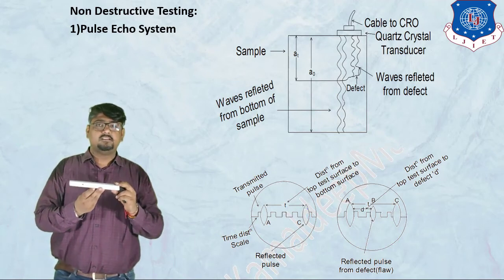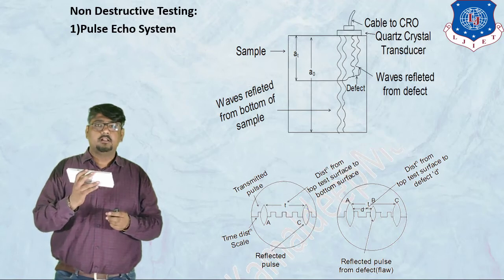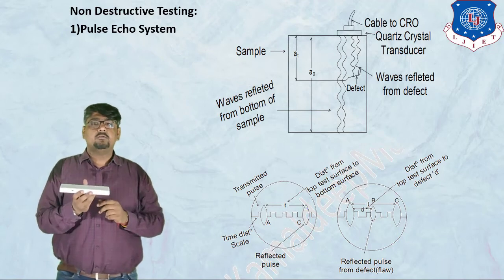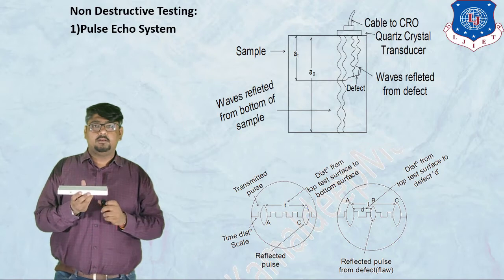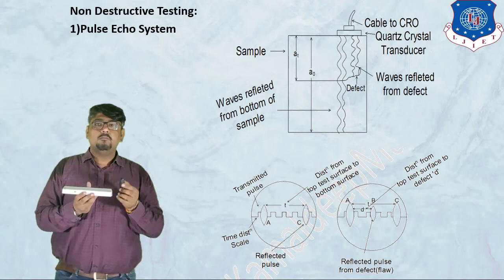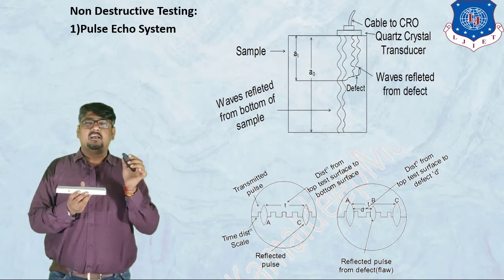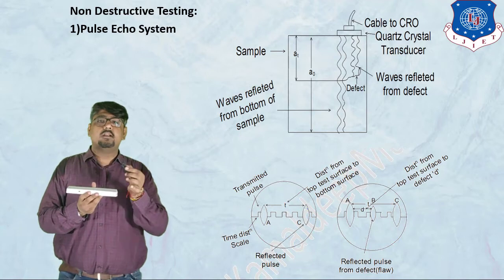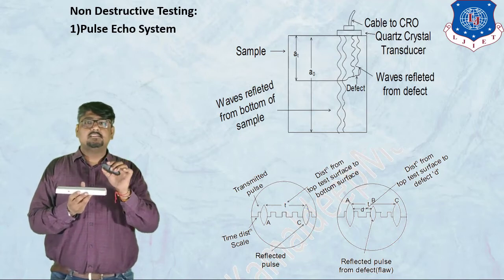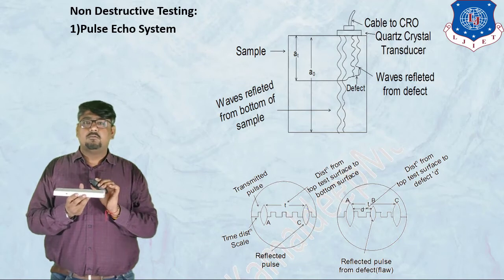Consider this as a surface, a rectangular body or some metallic object, for which you need to do some detection. Consider this to be a probe, a transducer, which sends and receives the signal or ultrasonic waves.